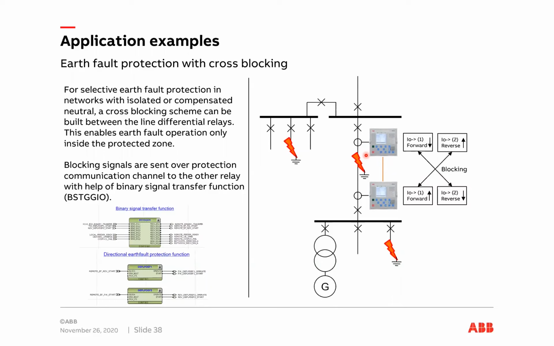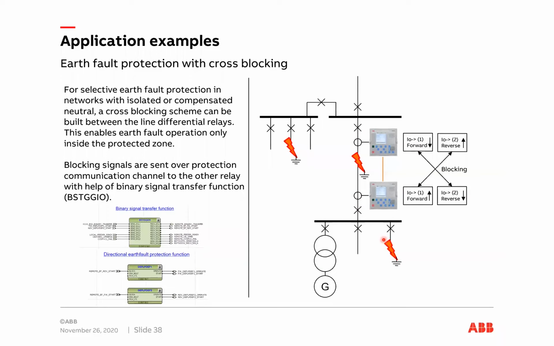So for that, we can build this kind of a cross-blocking where, for example, if we have a fault here downstream, this relay will detect that fault and send a blocking signal to the other relay, which means that the earth fault protection for this line differential protection will be blocked for faults outside the protected zone.